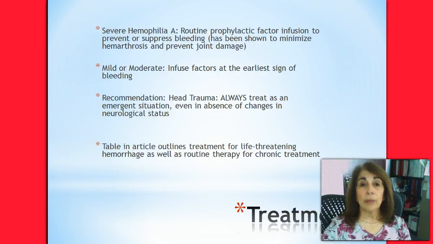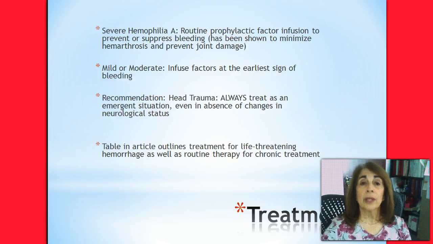There's a great table in the article that outlines the treatment for life-threatening hemorrhage as well as the routine therapy for chronic treatment. This most likely will not be done in your office, as the recommendation is for patients with hemophilia who require routine prophylactic factor infusion be sent to specialized centers throughout the country.